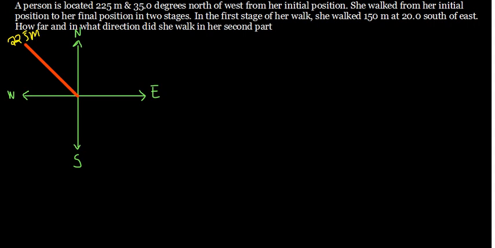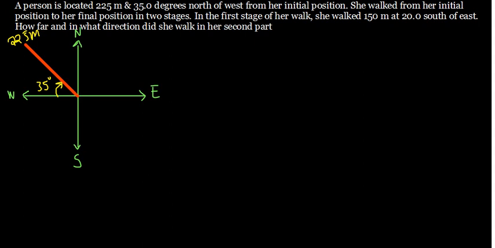Please, if you give this angle, it is west of north, but you are talking about north of west, so make sure you write the correct one. So this is 35 degrees. This is the current position.